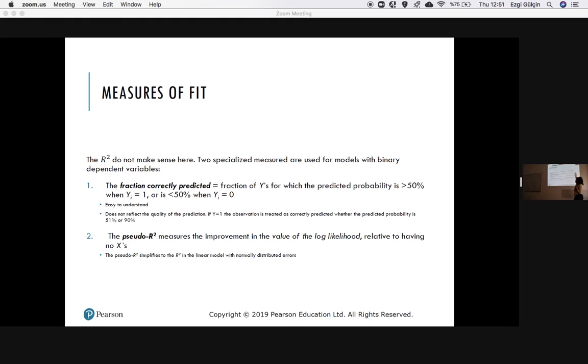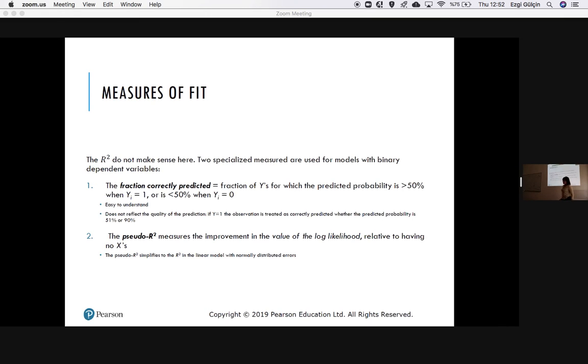So the fraction correctly predicted is the fraction of y's over our sample for which, when y is equal to 1, we are predicting the probability of y equal to 1 above 50%, or below 50% when in the data y is equal to 0.